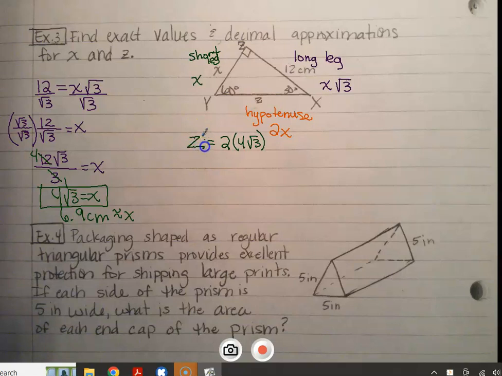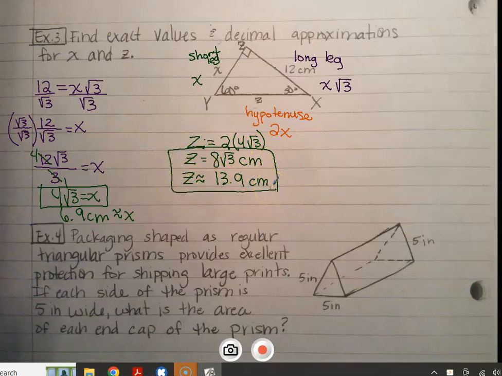We want z is equal to 2 times our x value. So z equals 2 times 4 is 8 times the square root of 3 is our exact measurement. And if we put it in the calculator, our approximation is 13.9 centimeters. So we've got our exact as well as our decimal approximations.